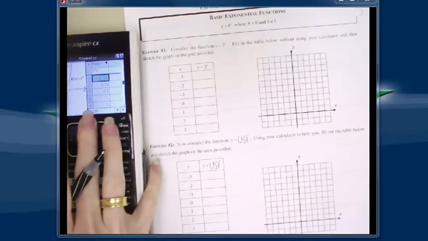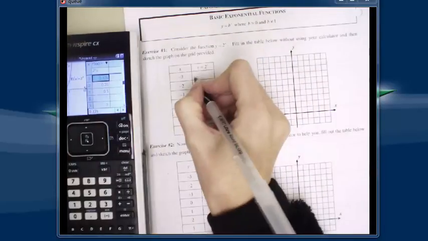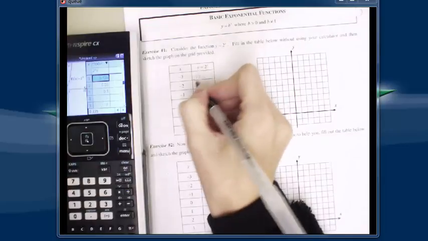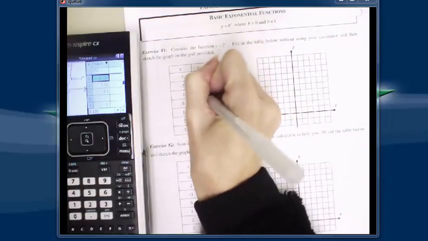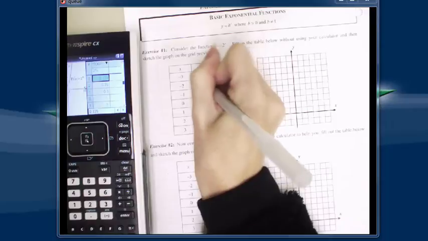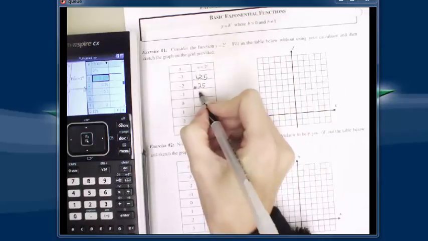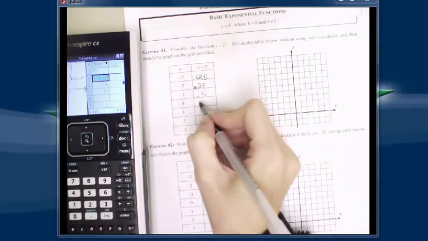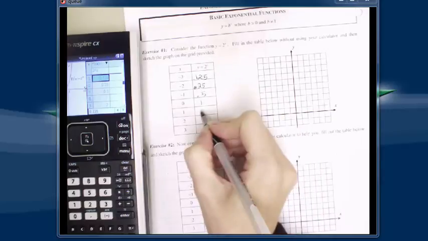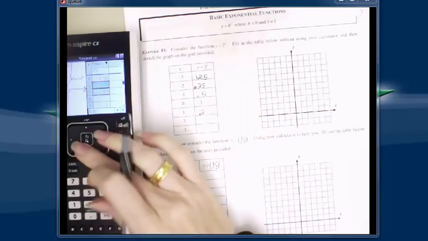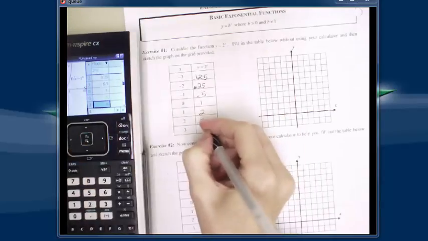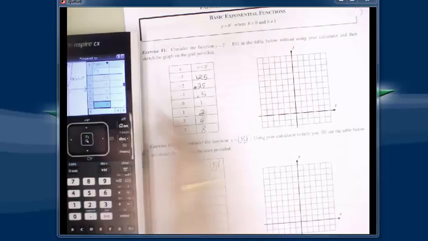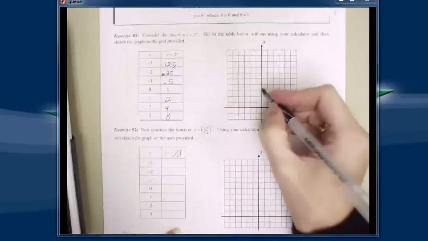So -3 is 0.125, -2 is 0.25, -1 is 0.5, 0 is 1, 1 is 2, 2 is 4, and 3 is 8. We're going to do a nice plotting of that right now.